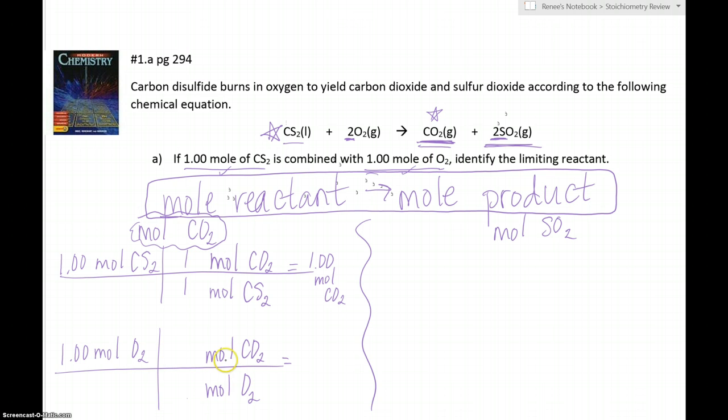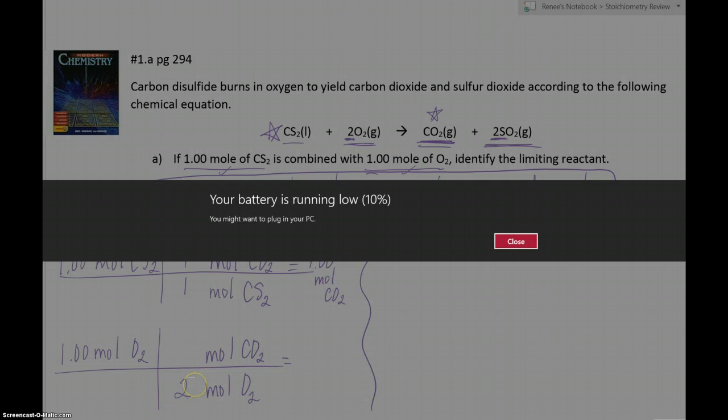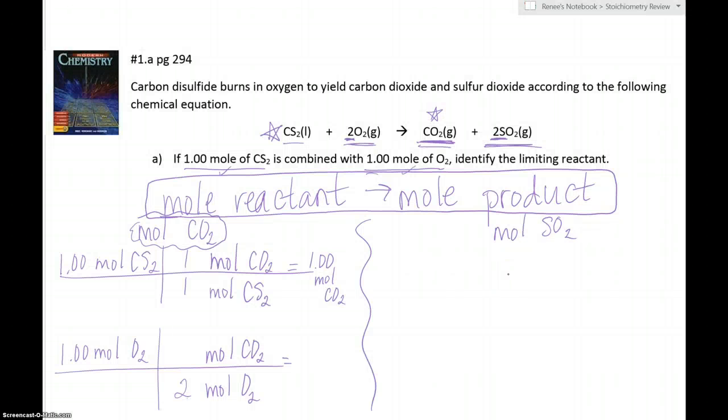And mole over mole, we pull from the balanced chemical equation. O2 here has a 2 in front of it, so we're going to put a 2. And carbon dioxide has a 1 in front of it. So 1 divided by 2, you guys can do the math. That's a 1/2 mole of CO2.